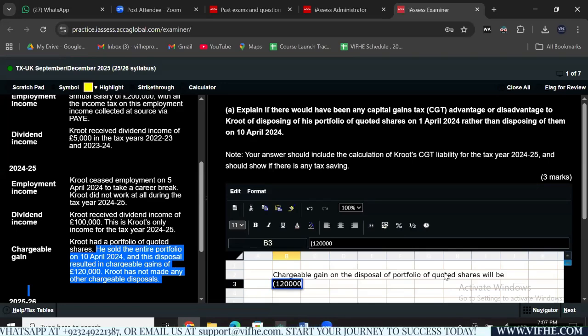There are no current year capital losses. Then we will be deducting £3,000, which is the annual exemption figure for CGT, and there are no brought forward losses as well. And then we will have to apply the rate.